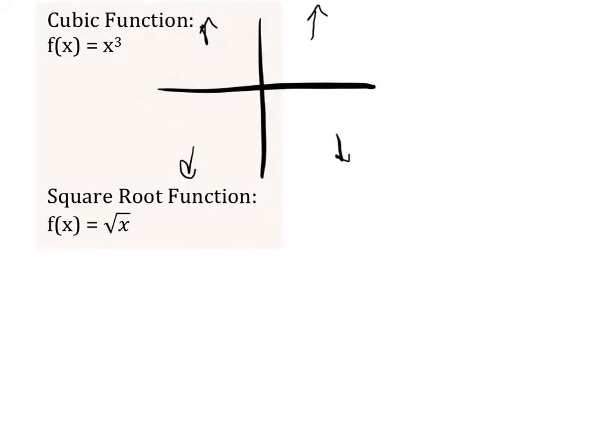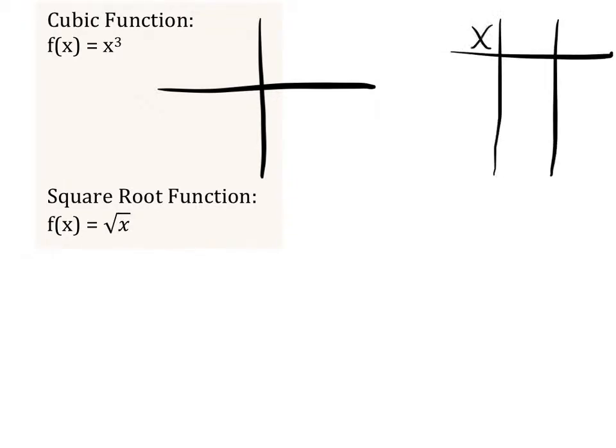Alright, so that's kind of an important function, and that has to do with the fact that it's got an odd exponent of 3. Alright, if it's an even exponent, then the arrows point in the same direction. And we're going to deal with more of this end behavior stuff when we talk about polynomials and things in the coming chapters. But the simplest way, I think, to get ourselves used to this is to kind of just put an XY chart together.